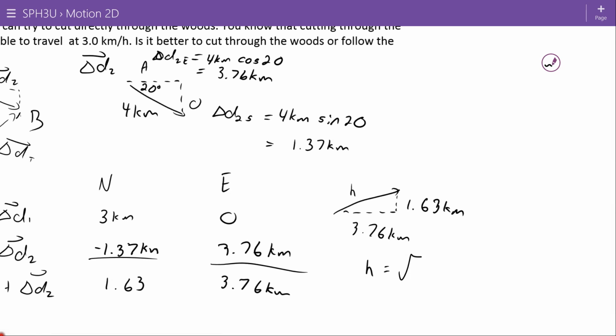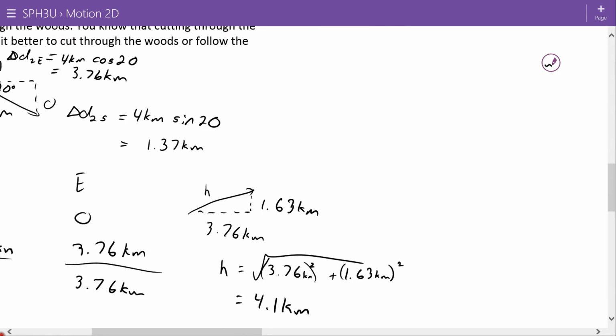Hypotenuse is equal to the square root of 3.76 squared kilometers, plus 1.63 kilometers squared. That should be in brackets probably. Anyways, that works out to 4.1 kilometers.